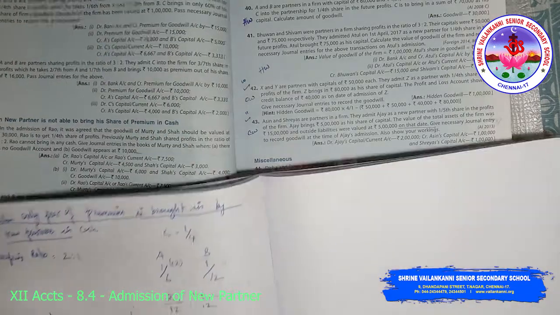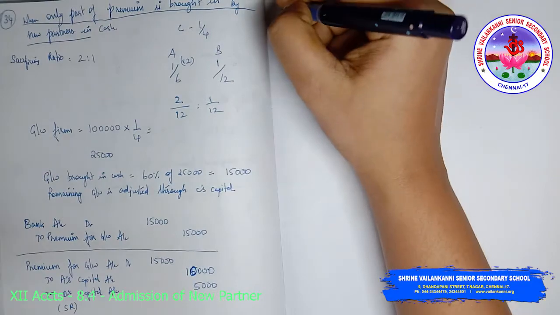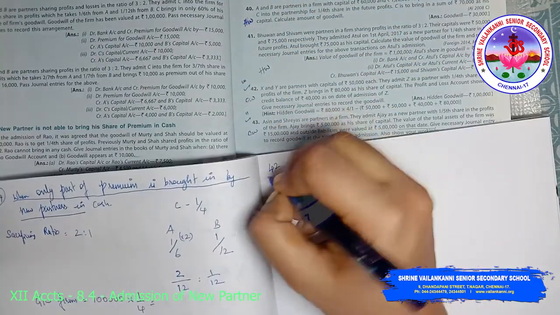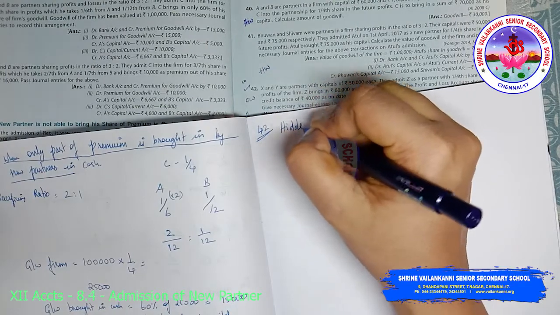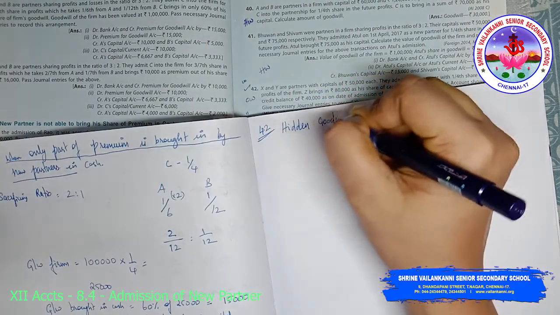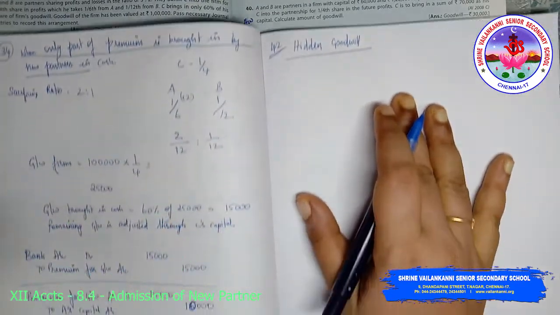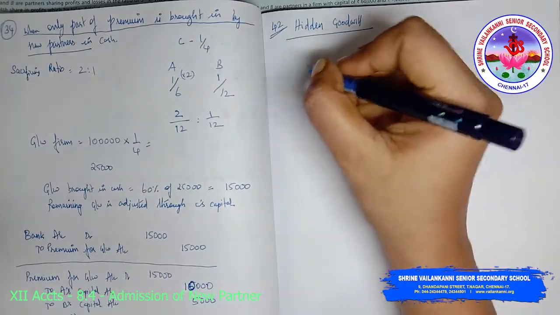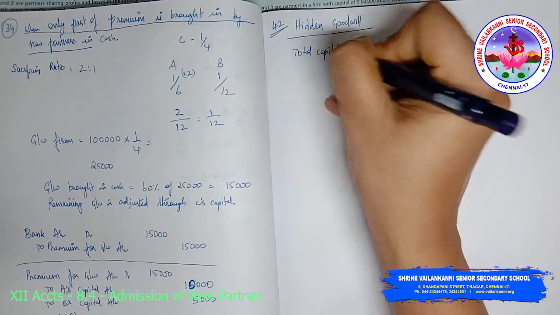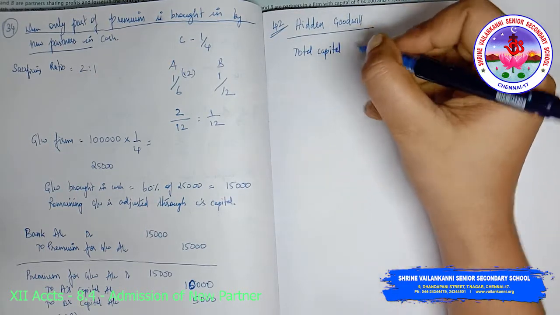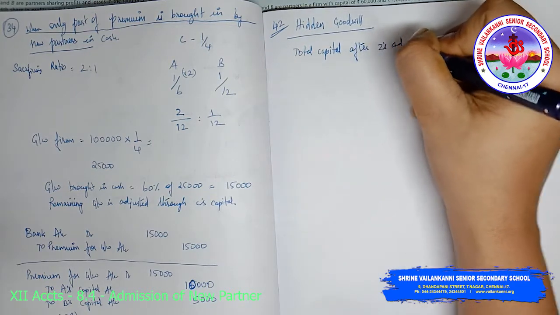So I'll just tell you how to find the total capital. So first is problem number 42, hidden goodwill. Okay, so first let's find out the total capital of the firm after Z's admission.